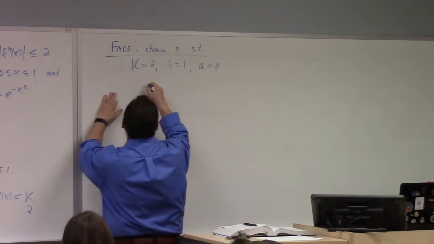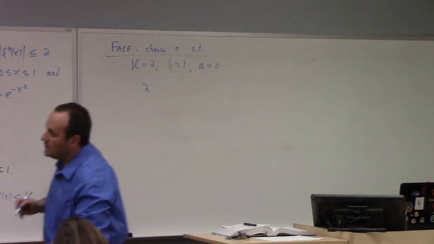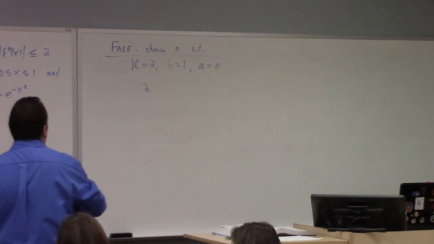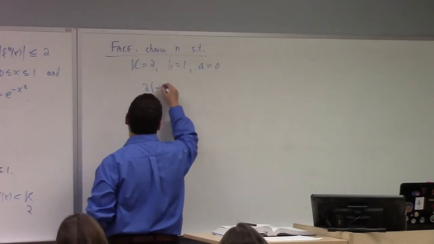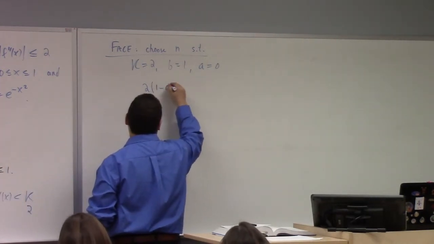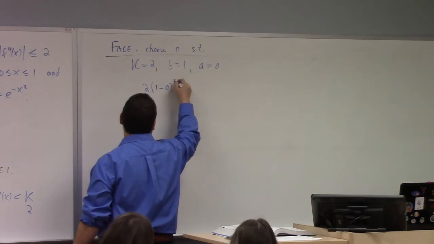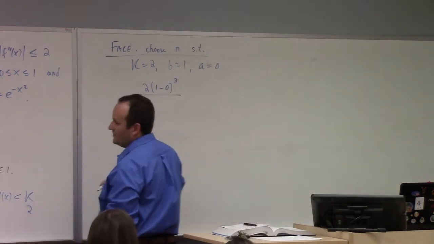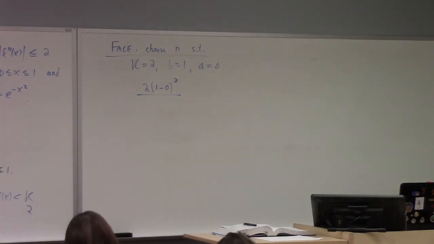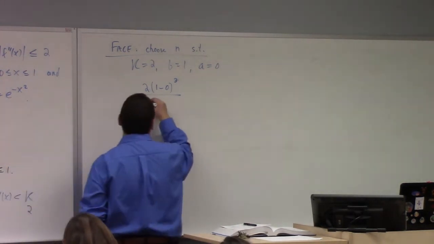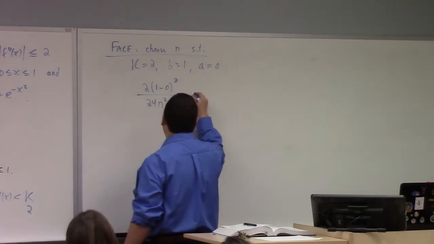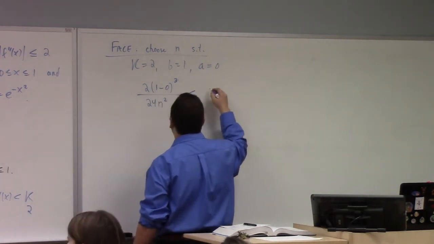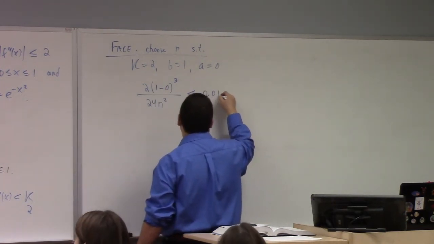So we want 2 times 1 minus 0 cubed divided by 24 n squared. We want this to be less than or equal to 0.01.